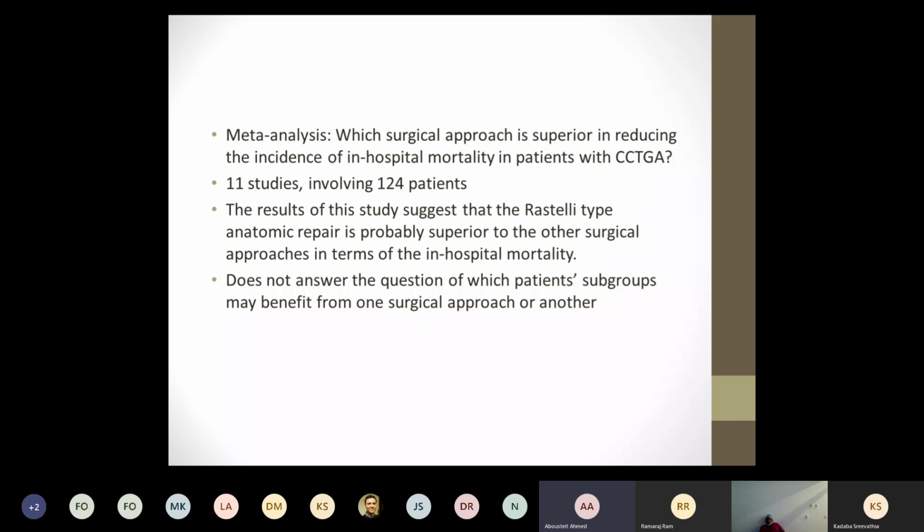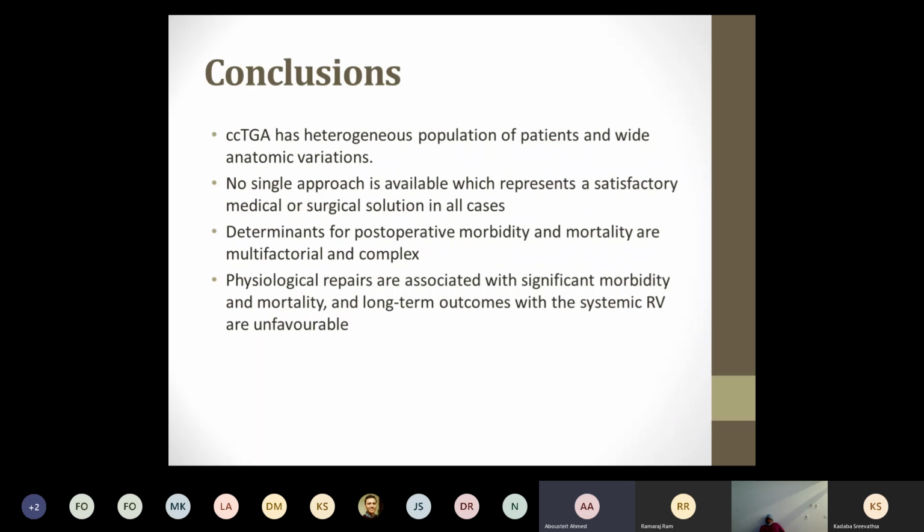However, as a conclusion of these 2 papers that I have reviewed, I think the congenitally corrected TGA is a heterogeneous population of patients with wide anatomical variation. They are a very rare type of congenital anomaly, and that has affected the number of studies.